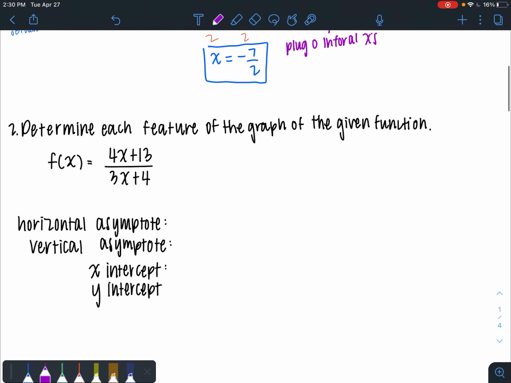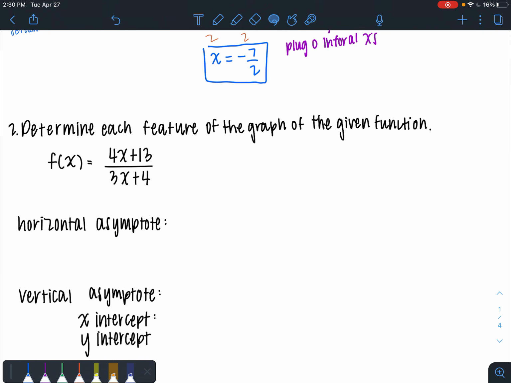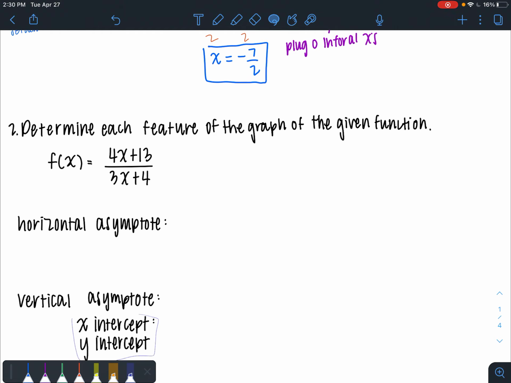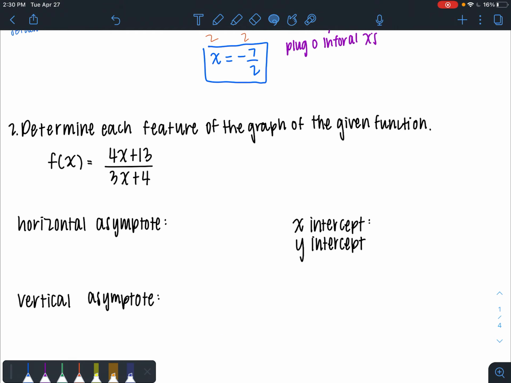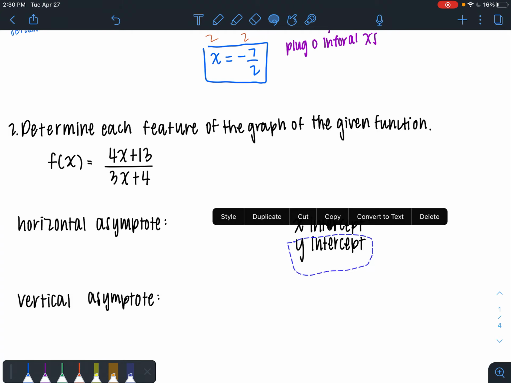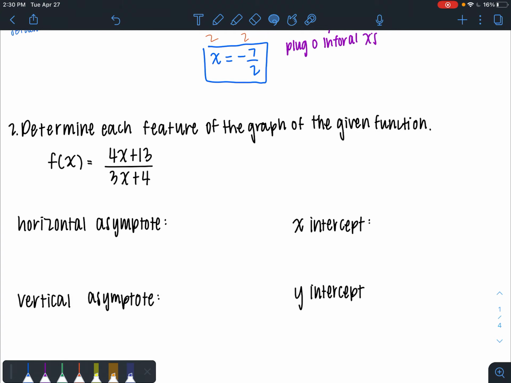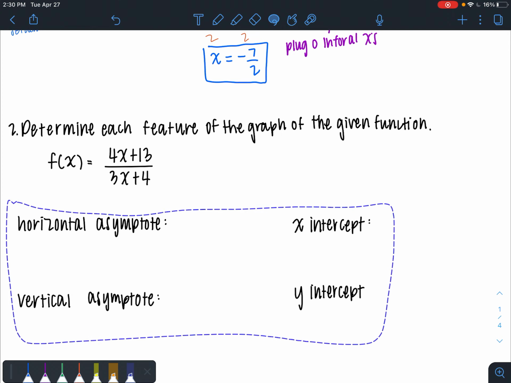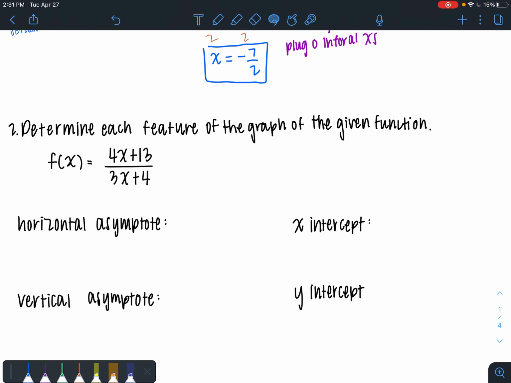All right, let's do our next one here. To find the horizontal asymptote, I need to compare the numerator and the denominator. I have a degree of 1 and a degree of 1.